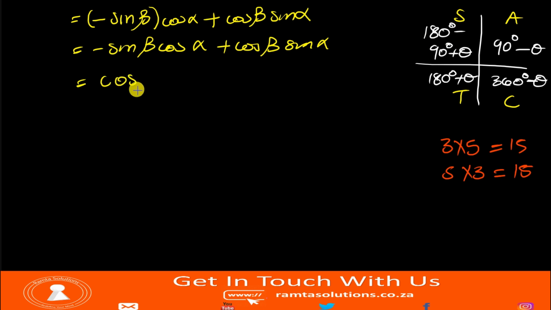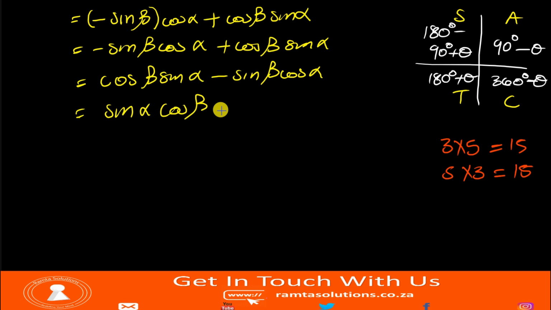I'm going to rearrange them: cos beta sine alpha minus sine beta cos alpha. Can you guys see that? If you like, it's just aesthetics and nothing much. Sine alpha cos beta minus cos alpha sine beta.